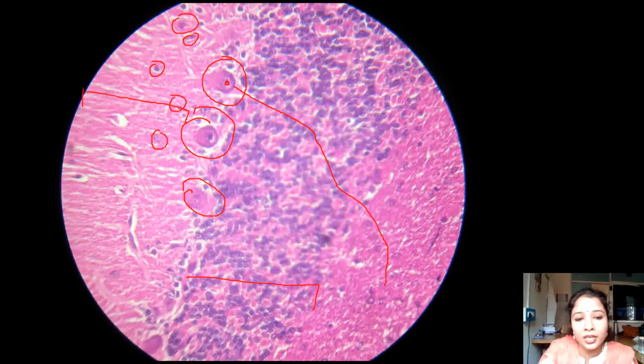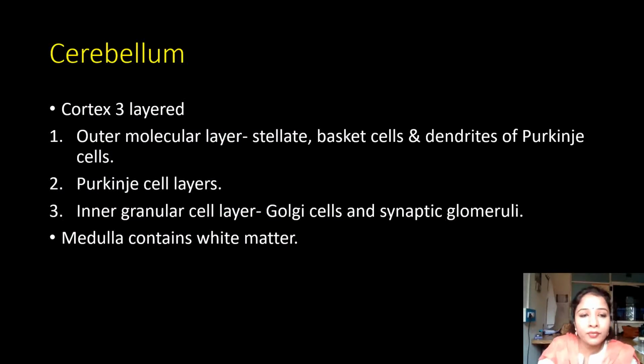From here to here is the granular layer, which is identified by mainly granular cells and some stellate cells. And this is the core. From here to here is the core. So let's see the identification points. The cortex has three layers.